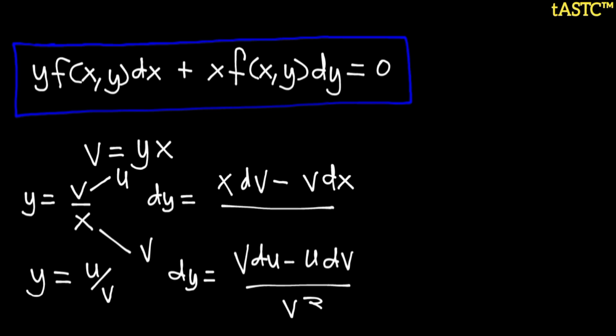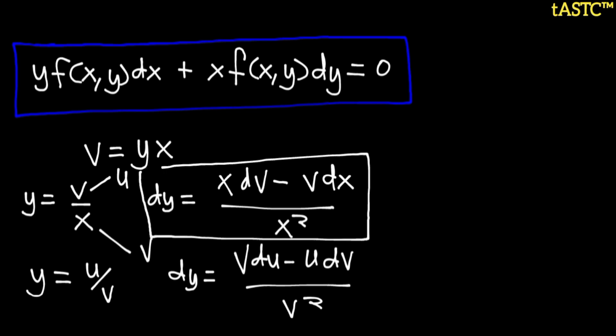And so this will be divided by v squared, and that is going to be x squared. So you're going to have that dy is equal to this form. This would be very useful as you try to find the answer to this particular form of an equation.